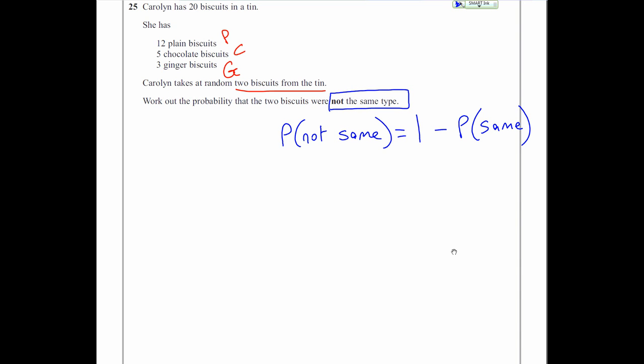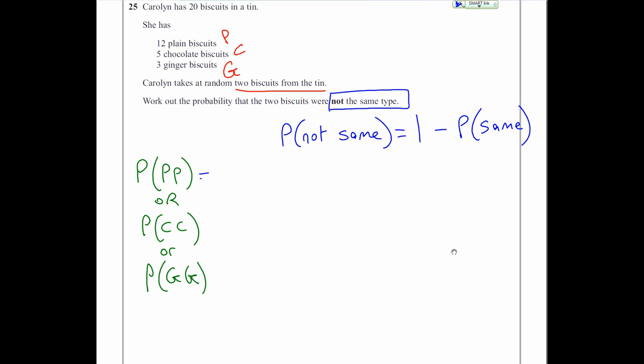So the probability that you get the same, you could have plain then plain, or chocolate and chocolate, or ginger and ginger.